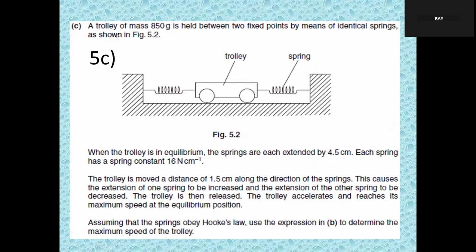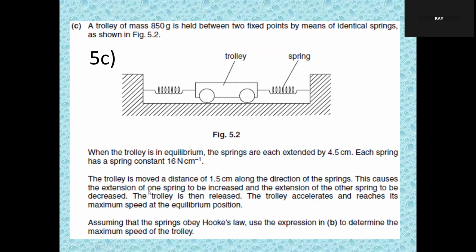A trolley of mass 850 grams is held between two fixed points by means of identical springs as shown in figure 5.2. When the trolley is in equilibrium, the springs are each extended by 4.5 cm. Each spring has a spring constant. The trolley is moved a distance of 1.5 cm along the direction of the spring.